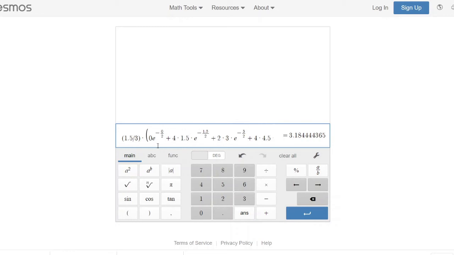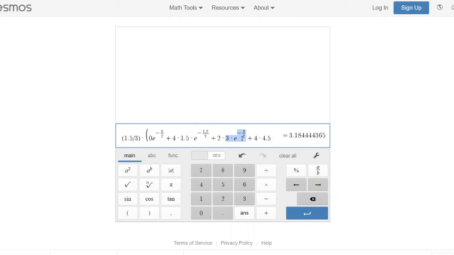At the beginning, you have the width of the subinterval, 1.5. The width divided by 3 times this term is the value of the function at 0. This term, the highlighted, is the value of the function at 1.5. There's a factor of 4 involved in here, 4 times the value of the function at 1.5.